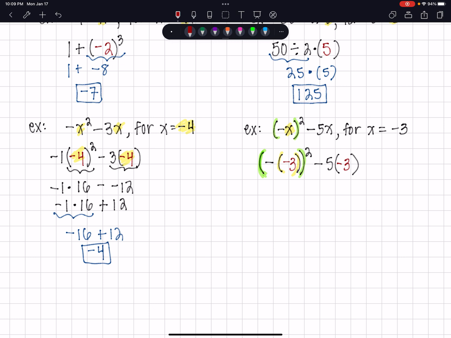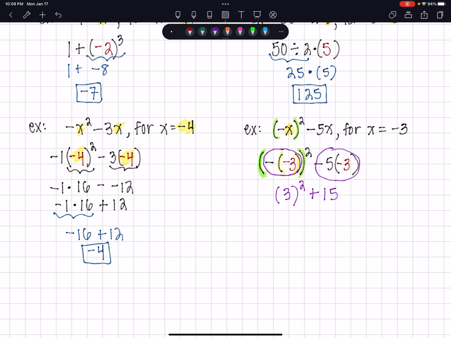So this is kind of a neat problem because on this one we have, in the green parentheses, the opposite of negative 3, which is positive 3. So I've got 3 raised to the second power. And then here's that negative 5 times negative 3 again. Negative 5 times negative 3 is positive 15.